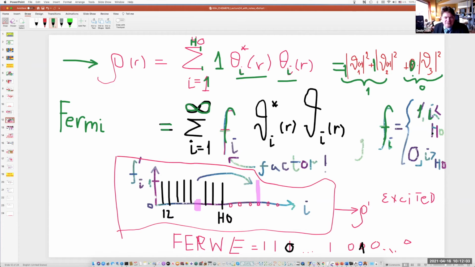Now, what does Fermi weight do? What is the skill that Sarah taught us? In the regular, trivial way, one can say Fermi weight 1 for all occupied, and 0 for all unoccupied.